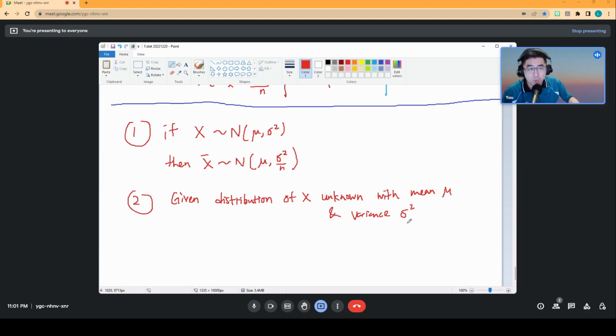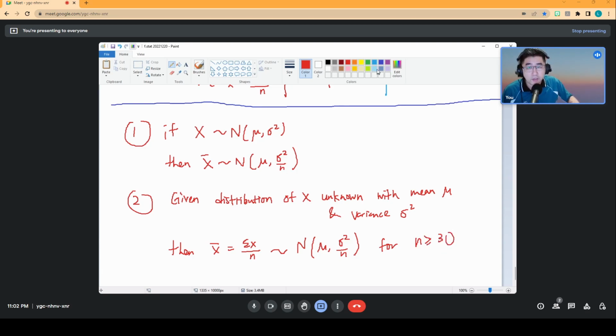Somehow we managed to use calculation to get the mu and the sigma square. Then x bar, where we are taking a lot of samples, the sum of x over n, will be approximately normally distributed with mu and sigma square over n for n greater than or equal to 30.